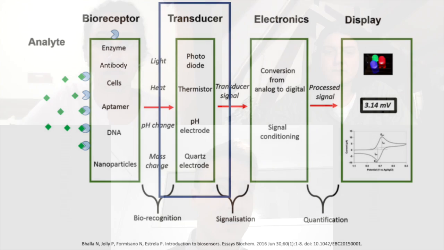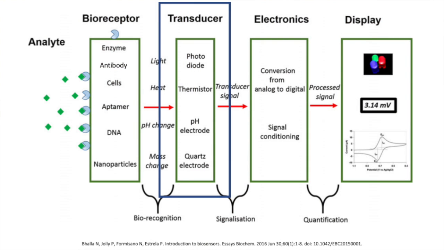Then we have the transducer element. Basically, the transducer element is the way that the biological binding is interpreted. So we can find three main different transducers, which normally define the type of biosensor: typically optical, mechanical, and electrical.